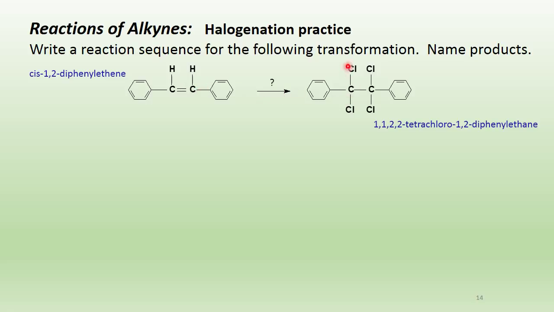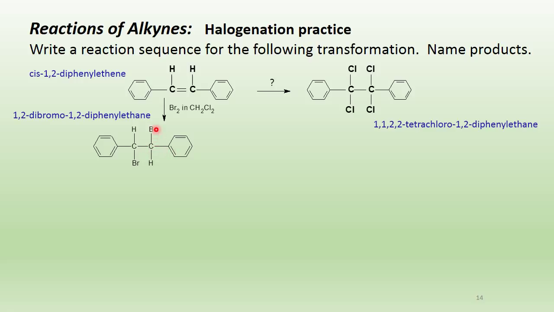In order to get the tetrahaloalkyl group, we'd have to halogenate an alkyne, which means that this has to be converted to an alkyne. How do you convert an alkene to an alkyne? Well, recall, the first step is to halogenate. Either bromine or chlorine in dichloromethane will give us the Vic dihalide. This would be called 1,2-dibromo-1,2-diphenylethane.